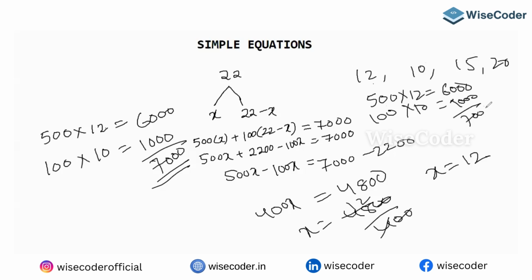That will give you 7,000. Whenever you come across these types of questions, please try to solve with option verification. Trust me, that will help you a lot.